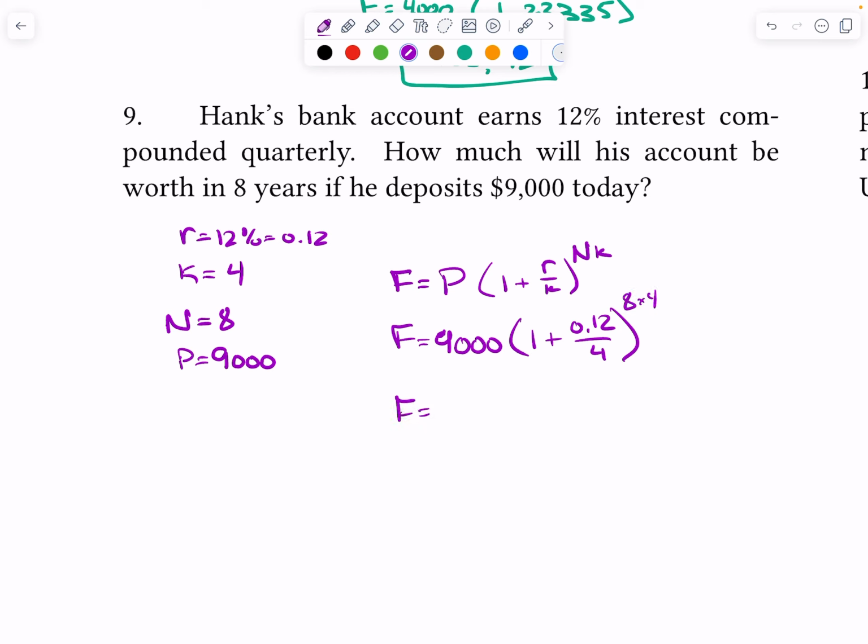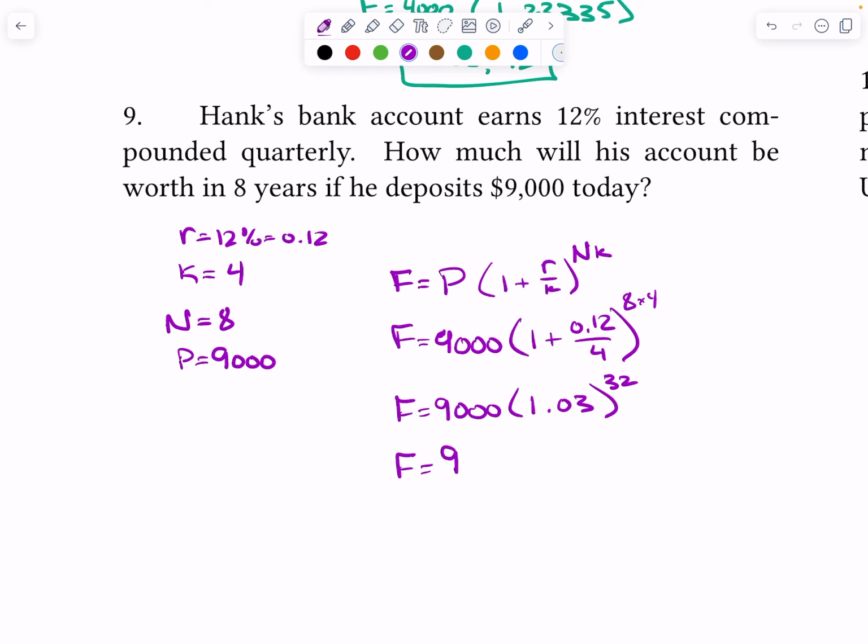Here again, I'm going to go slowly, two steps at a time, but this will be 1.03 raised to the 32nd. So 8 times 4 is 32, and then 0.12 divided by 4 is 0.03. Now I'll do 1.03 raised to the power of 32.